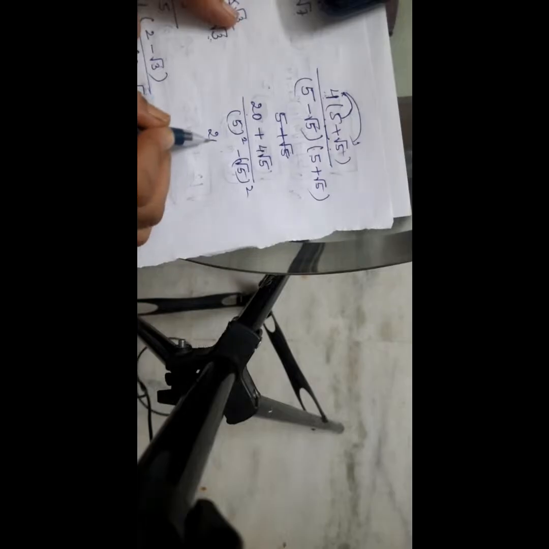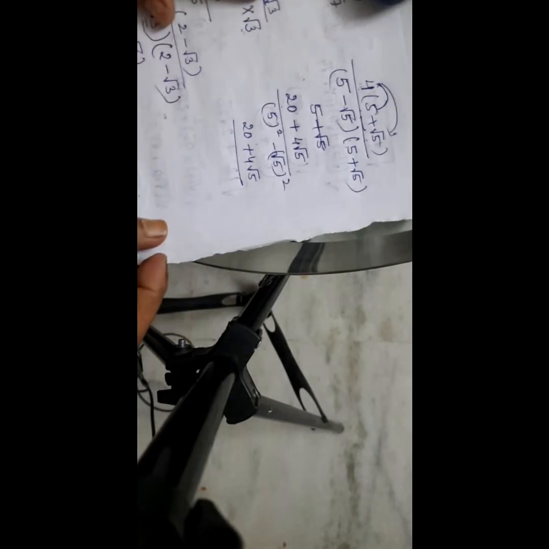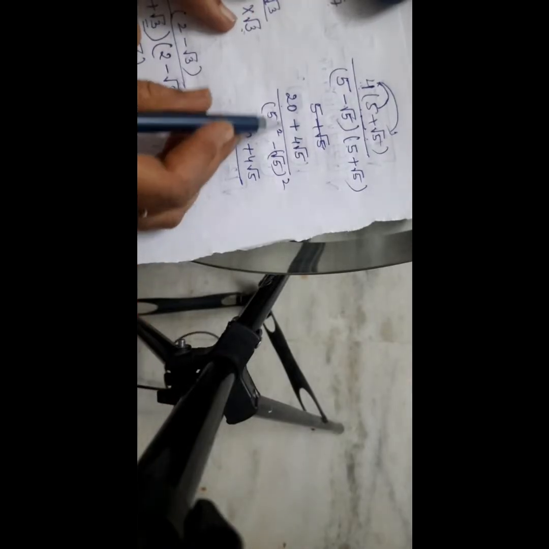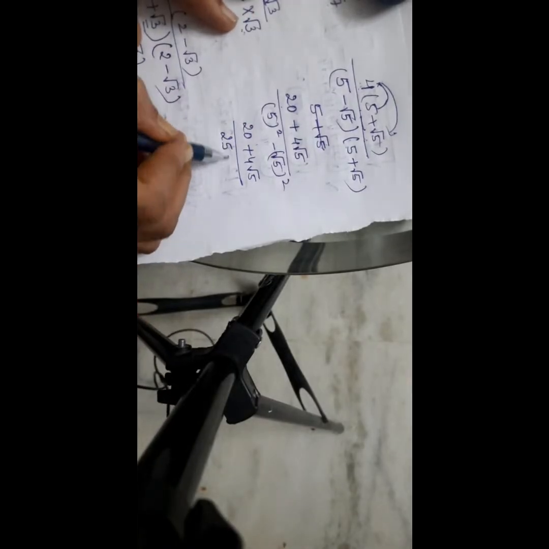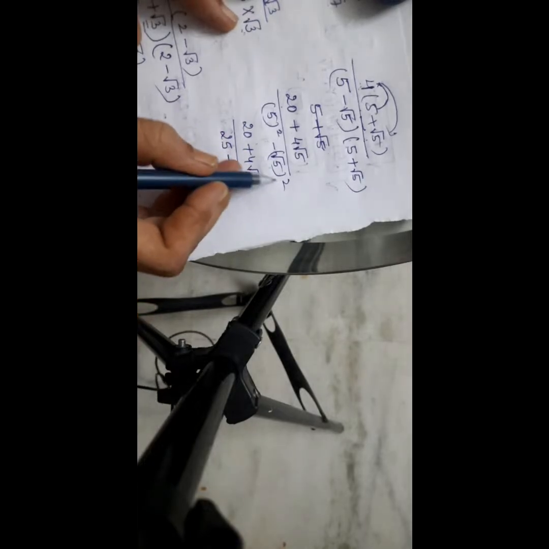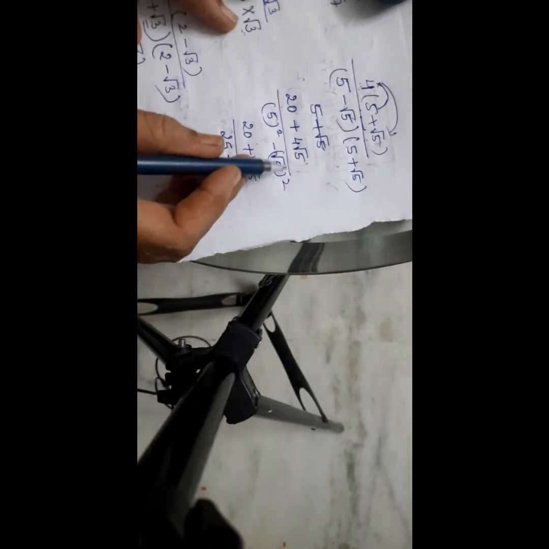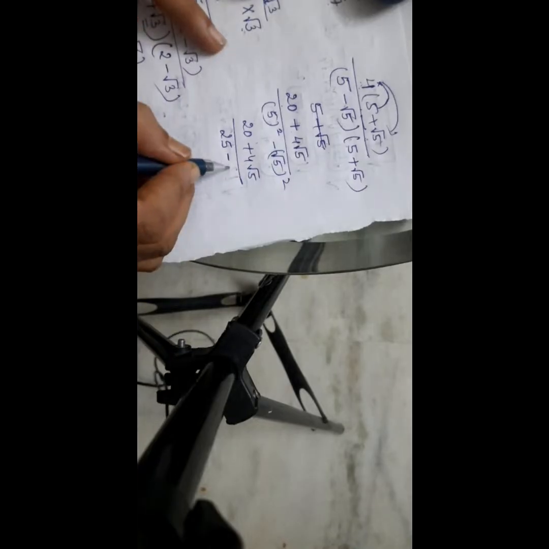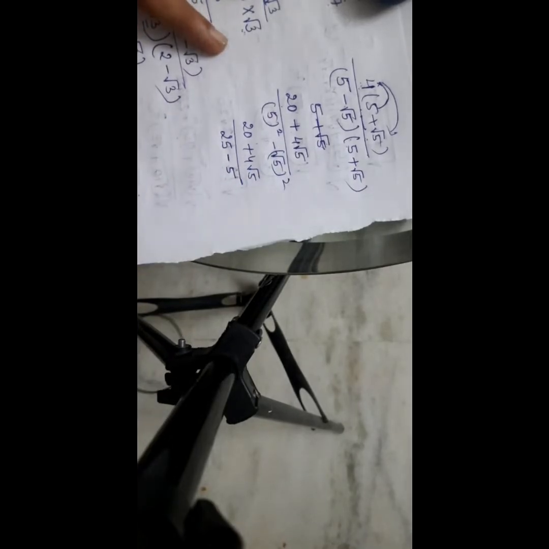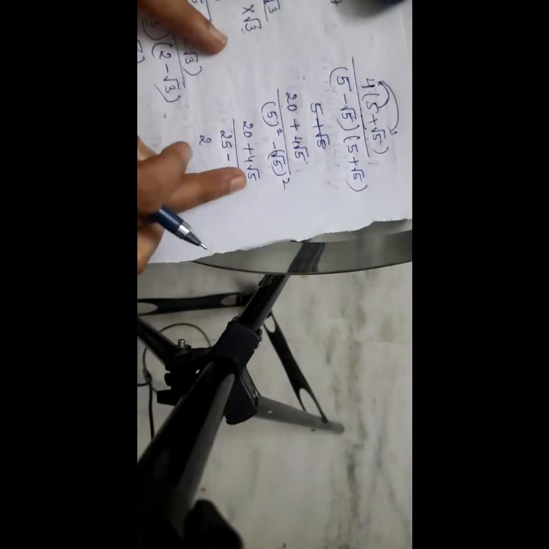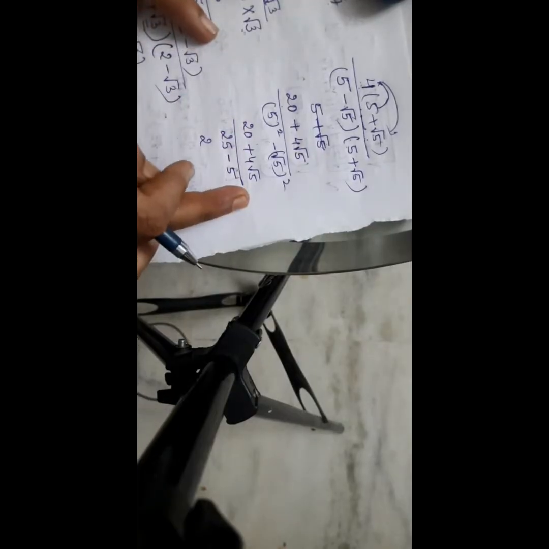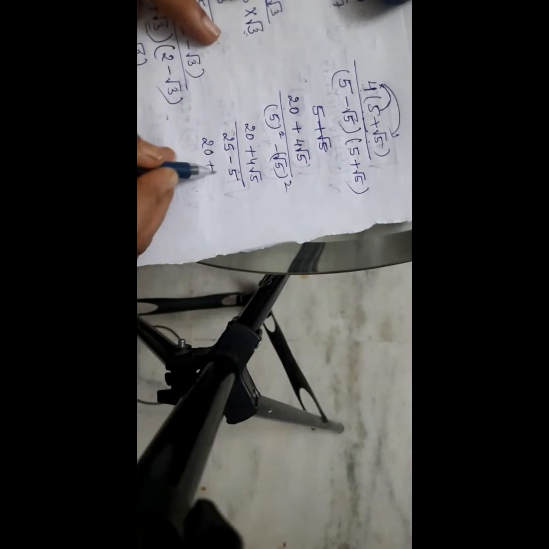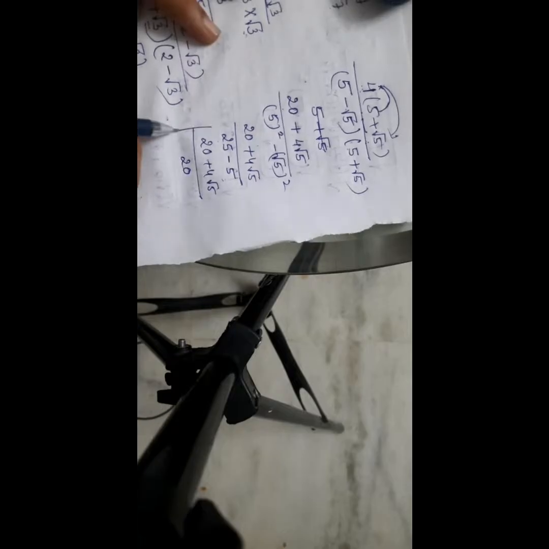The numerator is kept as it is. For the denominator, 5 square is 25 minus, when any root form is there, the root gets removed, so here we will have 5. Finally, these are unlike terms, we cannot add them. Thus it will be 20 plus 4 root 5, and here 25 minus 5 is 20. This is the final answer.